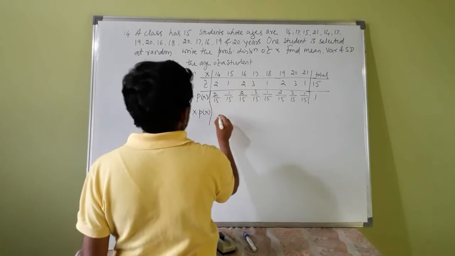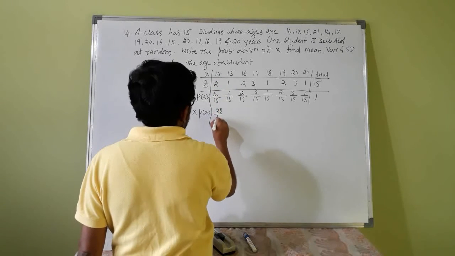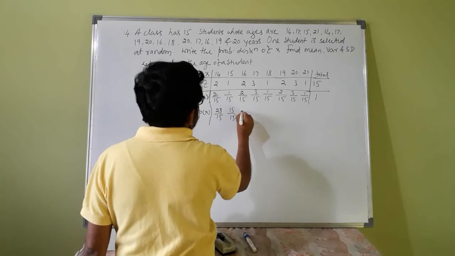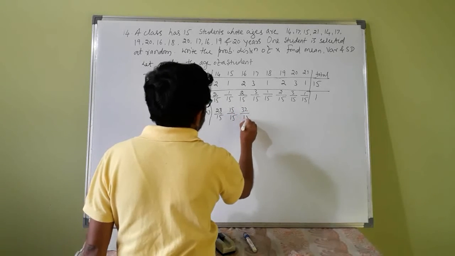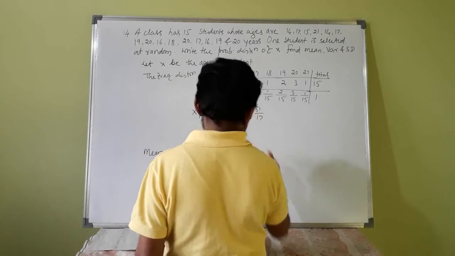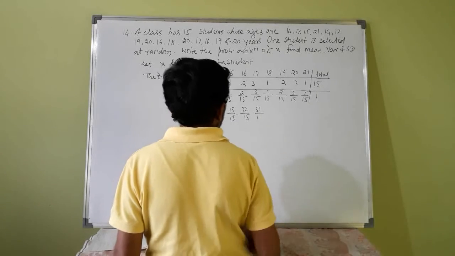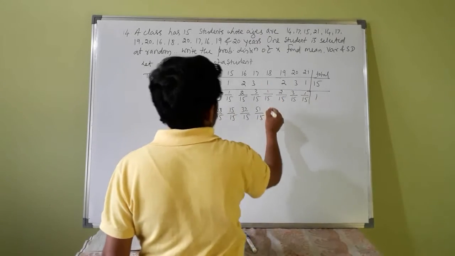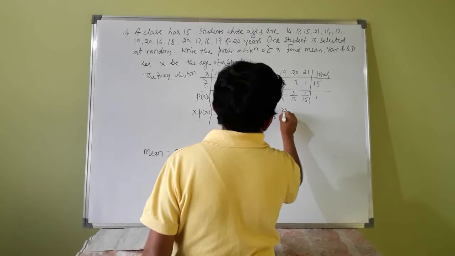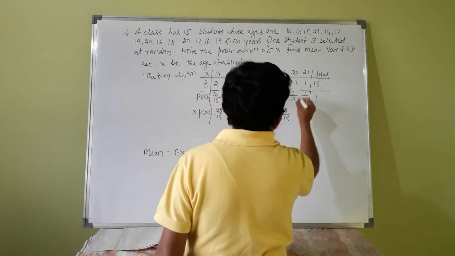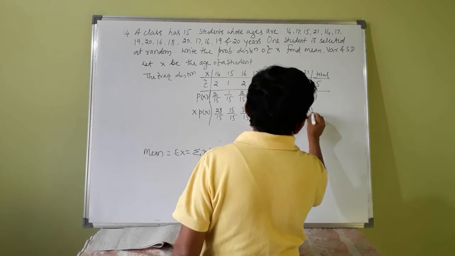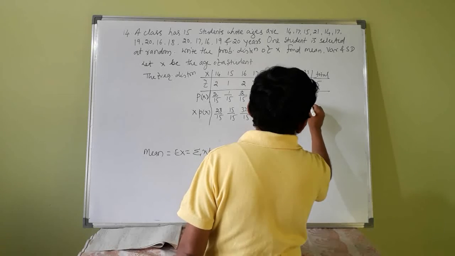X into px, that is 28 by 15, 15 by 15, that is 32 by 15, that is 51 by 15, 18 by 15, 38 by 15 and 60 by 15 and 21 by 15.